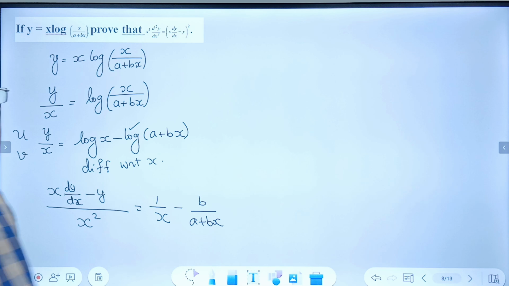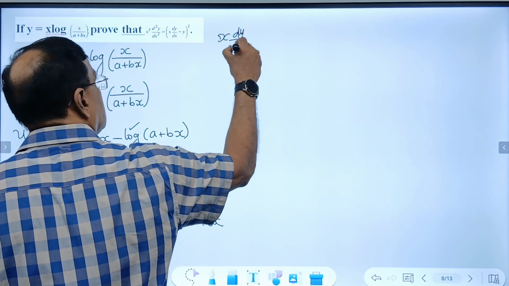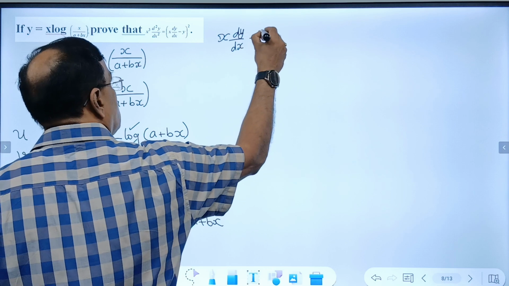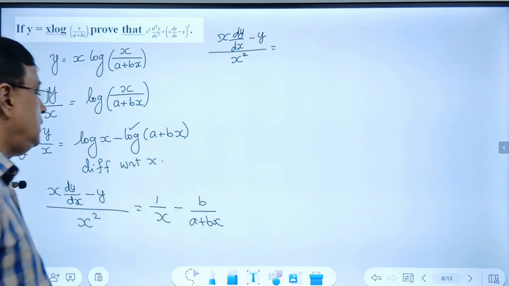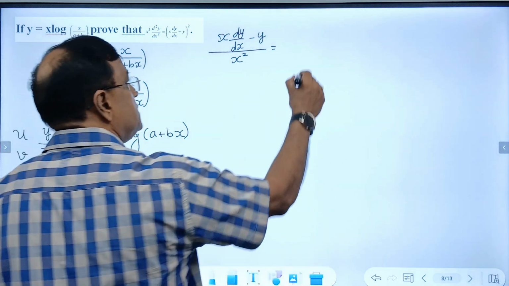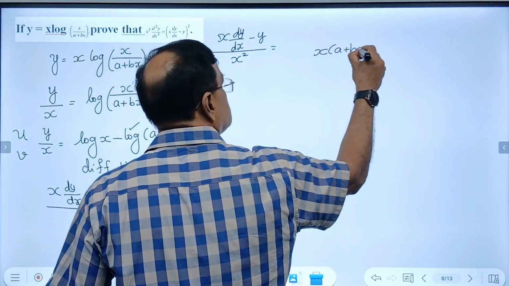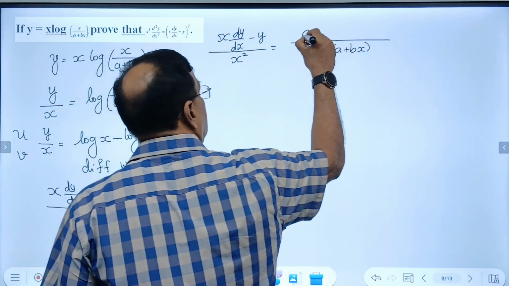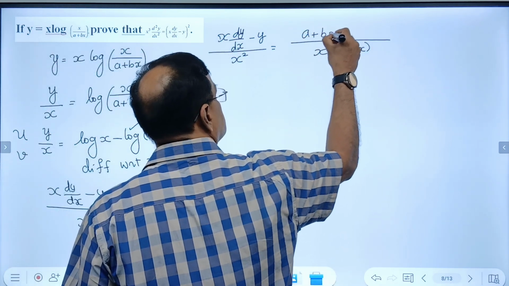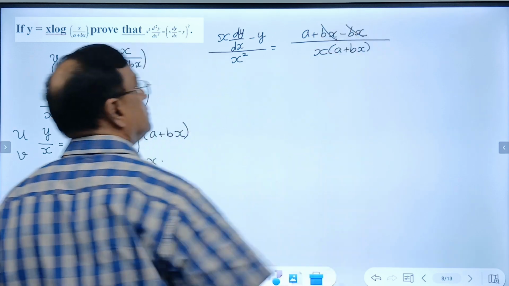Okay. So now you have got (x into dy by dx minus y) by x square equal to, what is the LCM? Your LCM is x into (a plus bx). So what do you get on the numerator? (a plus bx) minus bx. So they get cancelled.